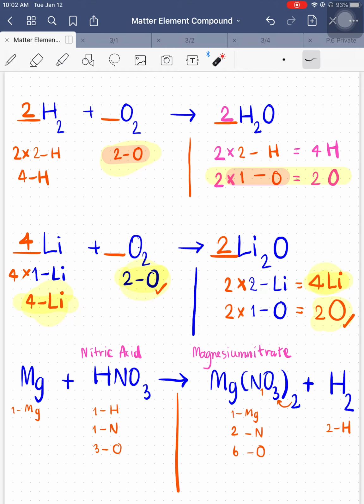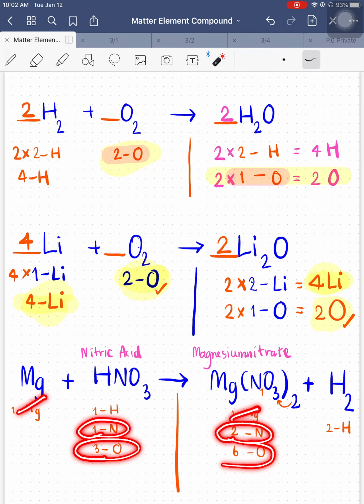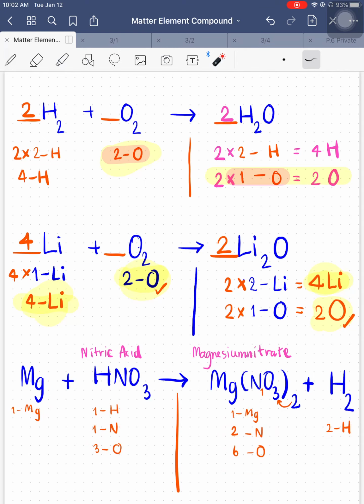Okay, one magnesium. It's fine. One nitrogen, 2 nitrogen is not good. 3 oxygen, 6 oxygen is not good also. 1 hydrogen, 2 hydrogen. Oh my goodness, really hard. So what should we do then?